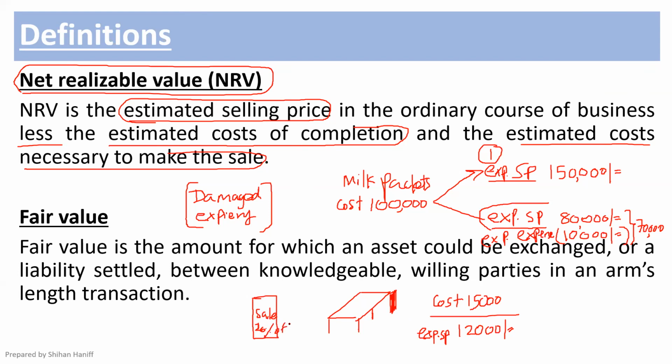So some expense is there to make the banner. If the expense is 1,000, the NRV of this table is 11,000. So the cost is 15,000.